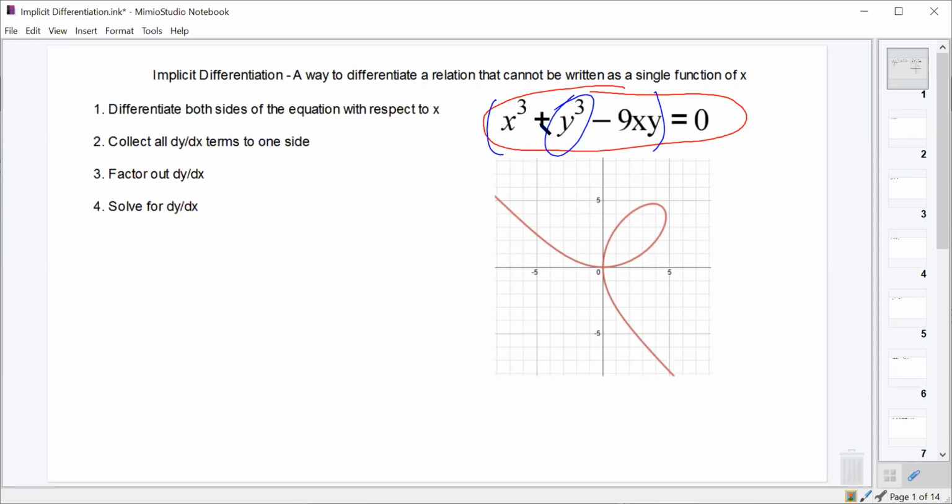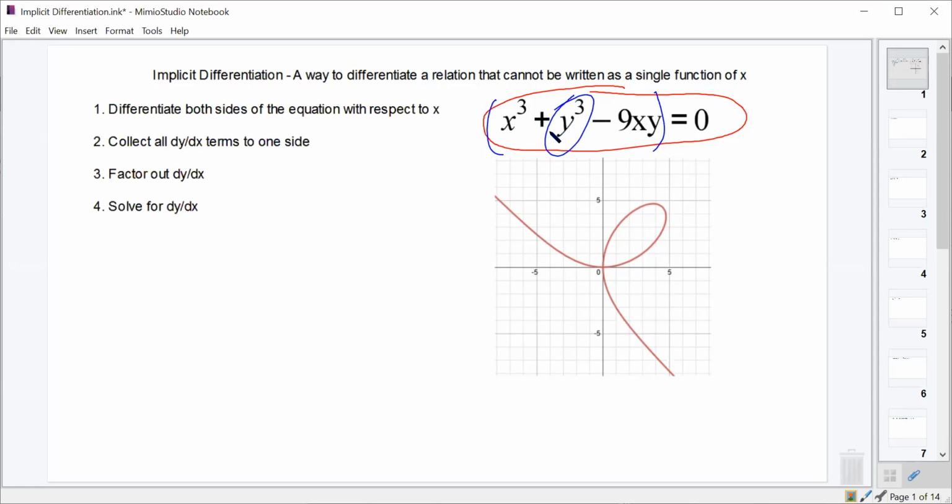Okay? Where if we're saying this is some function u equals y cubed, right? And then we take the derivative of it with respect to its own variable, y, and then we multiply that by the derivative of y with respect to x.